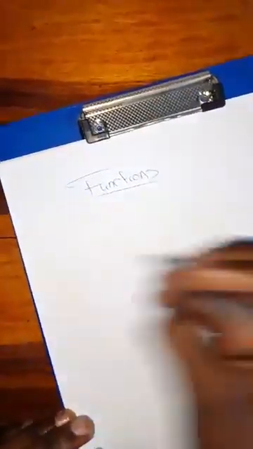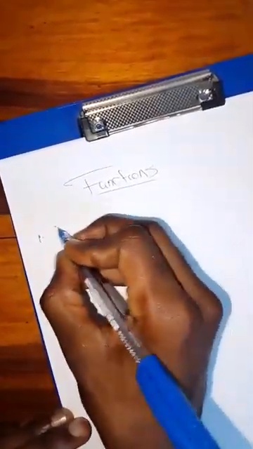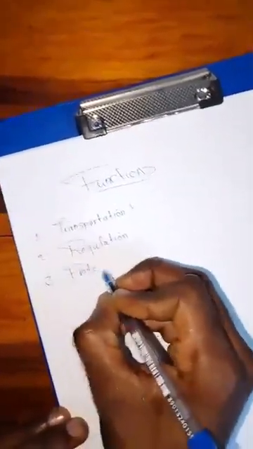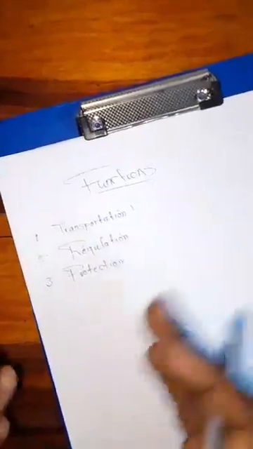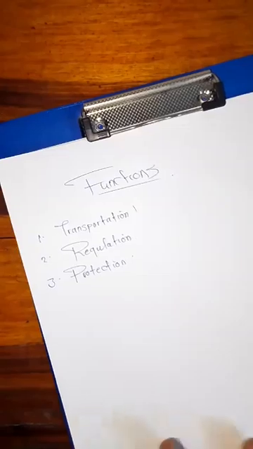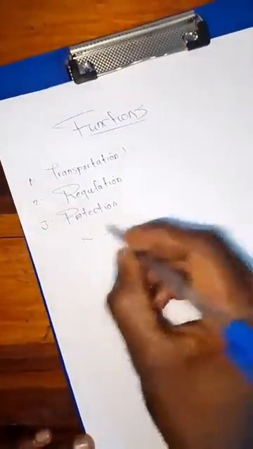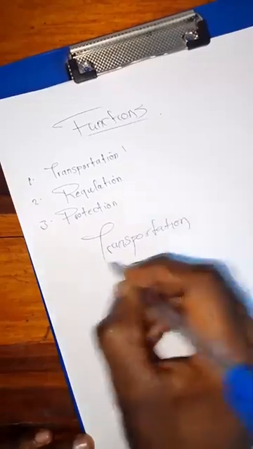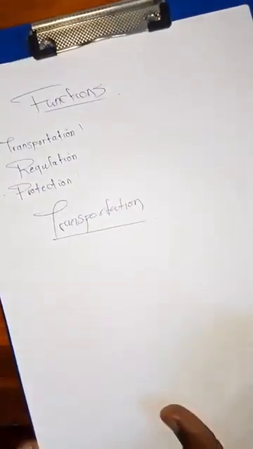The 3 major ones are: it is involved in the transportation function, it is also involved in the regulation function, and it is also involved in the protection function. So these are the major functions that blood is involved in: transportation, regulation, as well as protection.